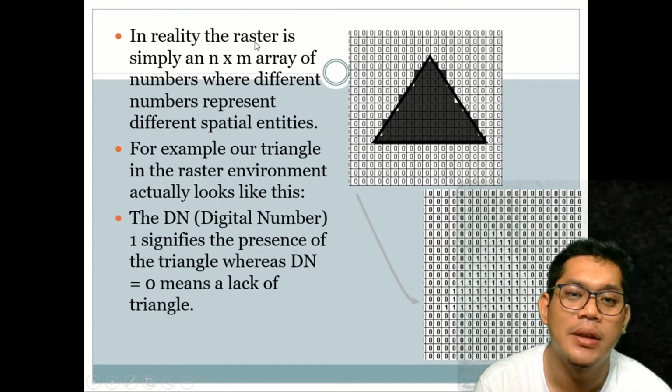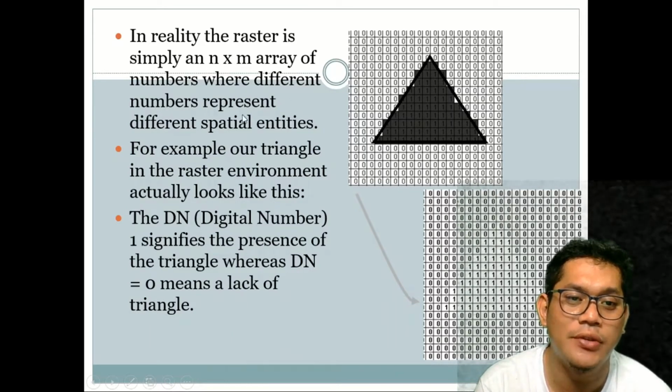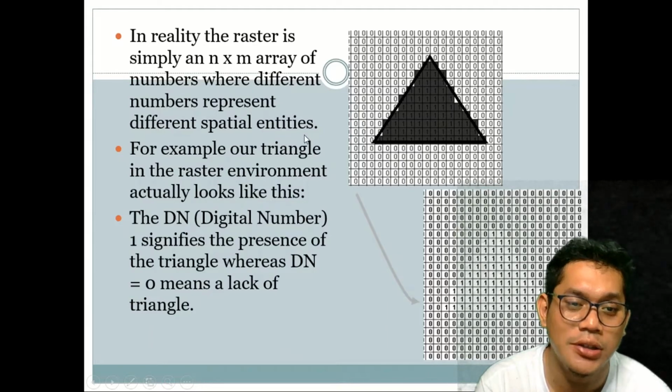In reality, the raster is simply an n times m array of numbers, where different numbers represent different spatial entities. For example, this triangle will be kept in the computer like this: 0, 0, and 1, 1, 1.